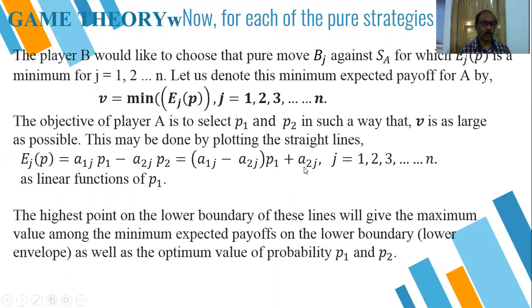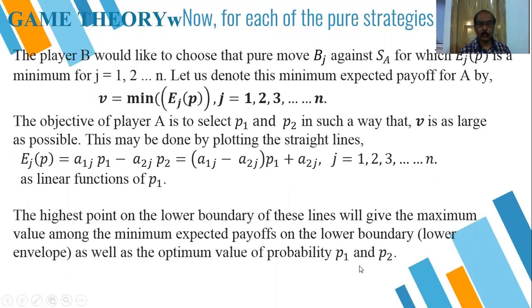Then we can plot the highest point on the lower boundary, as I'm showing in the next picture. The highest point of the lower boundary of these lines. So how many J are there? J is equal to 1 to N. So we get N lines, and from the intersection of the N lines we get an envelope.